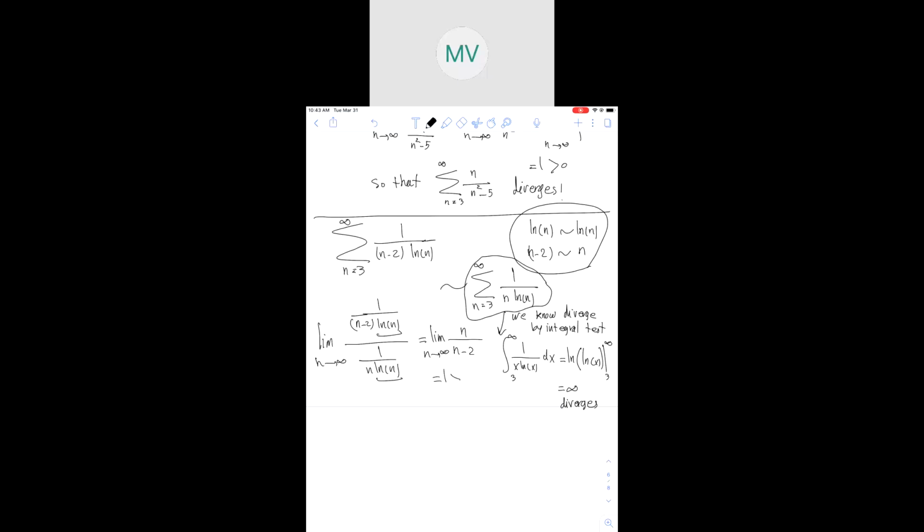And that's 1, bigger than 0. So they have the same behavior. We already know this guy diverges, so by limit comparison, the sum of 1 over n minus 2 natural log of n, from 3 to infinity, diverges too.